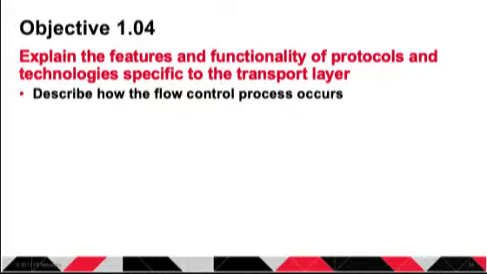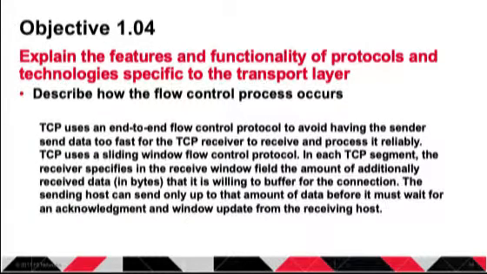They also want you to understand the concept of flow control and how TCP uses a protocol-based flow control function to keep the sending server from overrunning the receiving system with too much data too fast. So it's a sliding window flow control, which means if he says, look, I can handle up to 4 of these segments in memory at a time, the sending system will not send 5 at a time.